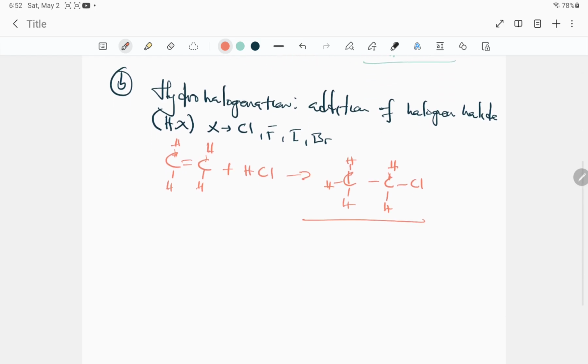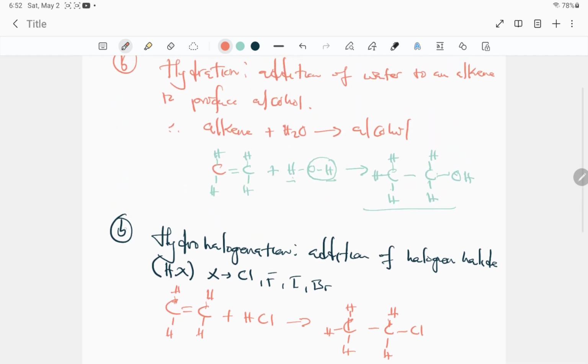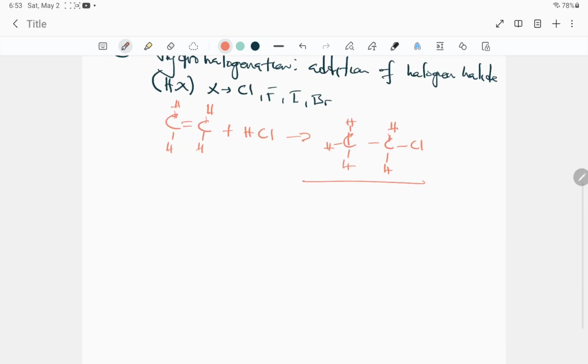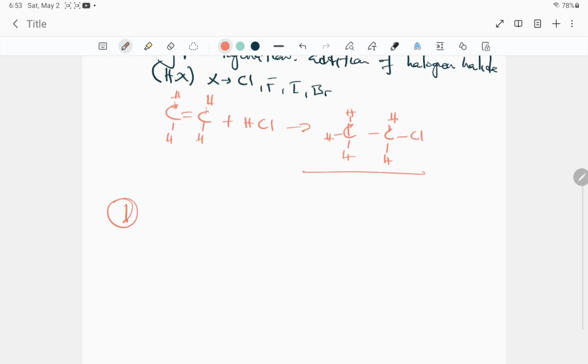Then apart from this one, this is B, this is C. So let's look at D. On D, we'll only focus on halogenation, not hydrohalogenation.